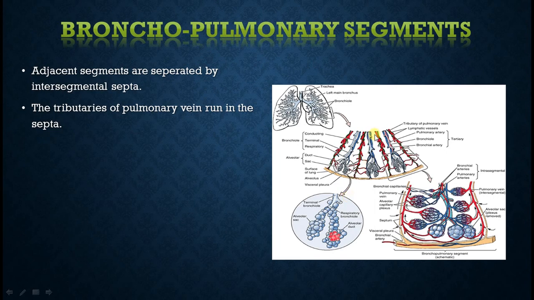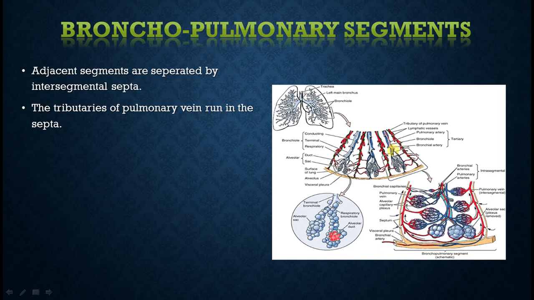In the intersegmental septa you see the pulmonary vein. But the tertiary bronchus and the pulmonary artery are segmental in nature, not intersegmental. They don't run in between the segments but within the segments.